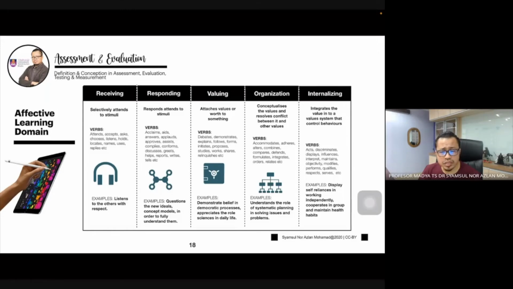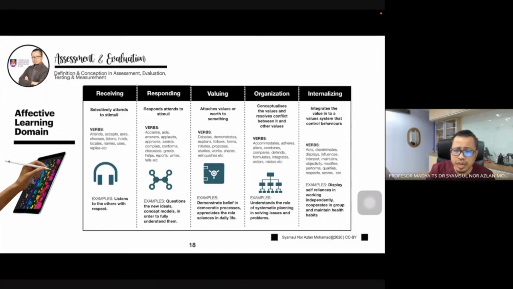So how about the affective learning domain? The affective learning domain has to do with emotions, behavior, feelings, and how students use these to increase their soft skills. And soft skills are very important because students need to practice them. Looking at the affective learning domain, there are 5 stages: receiving, responding, valuing, organizing, and internalizing.